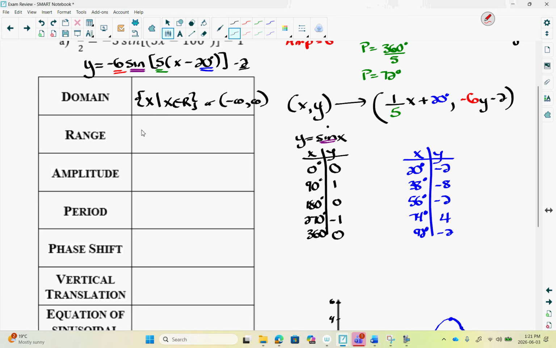What about the range? Y in the middle, greater than or equal to your minimum, less than or equal to your maximum. Y belongs to the real numbers. In interval notation, that would look like this. Negative 8 to 4. Cool?